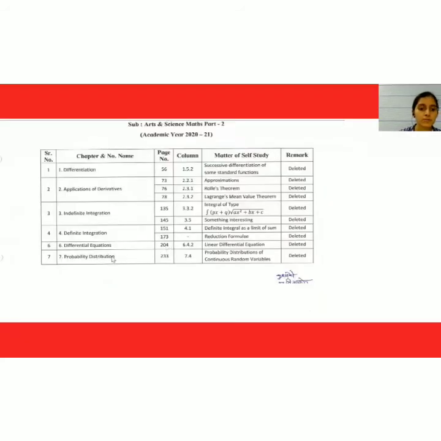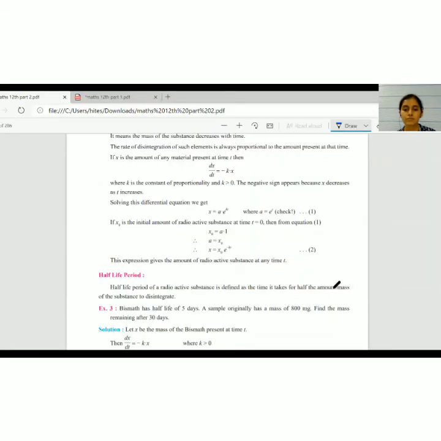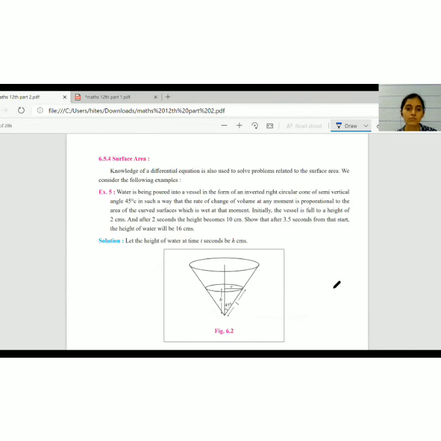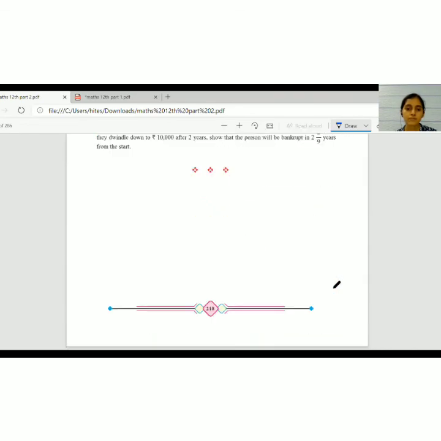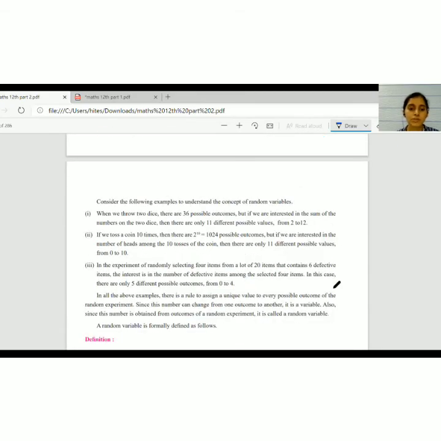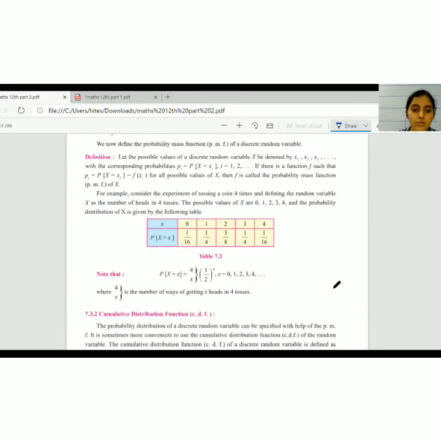Probability distribution, that is only one topic again, 7.4, probability distribution of continuous random variables. Chapter 7, probability distribution, 7.4. Let's check this topic as well. Here, probability distribution 7.4 is excluded.